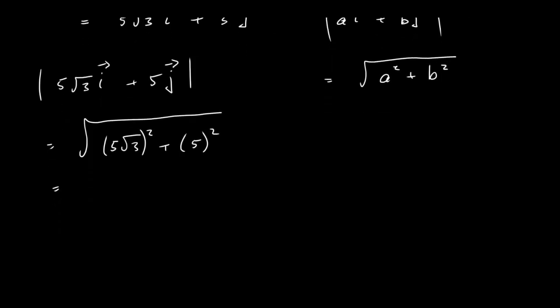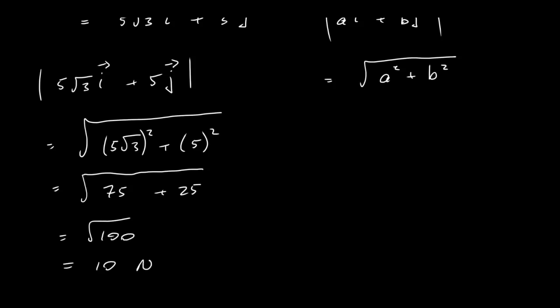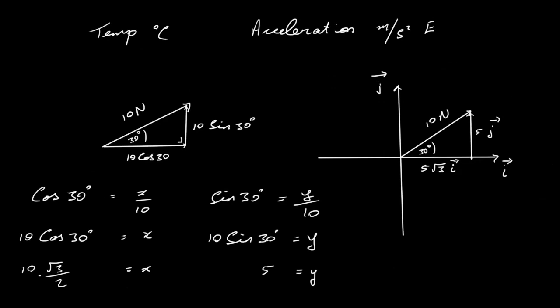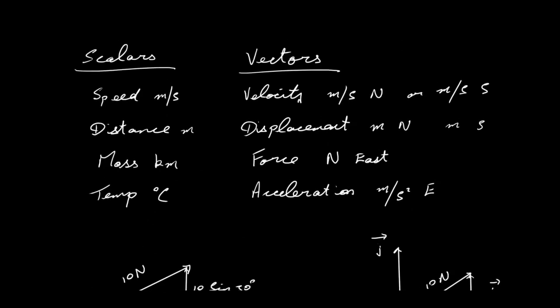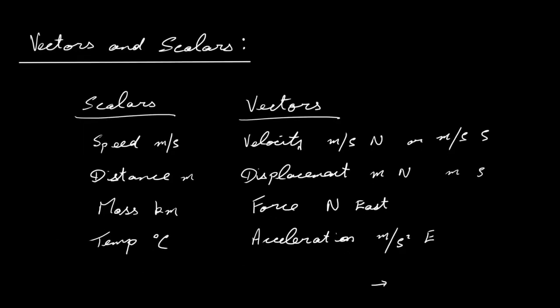If we do that, we get the square root of, 5 5s are 25, and then 3 25s are 75, plus 25 here, 5 squared is 25. That gives us the square root of 100, which is 10 newtons, and that's what we started with. We started originally with a magnitude of 10 newtons. Okay, so that's it for an introduction here to scalars and vectors.